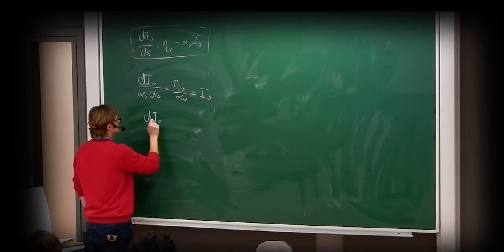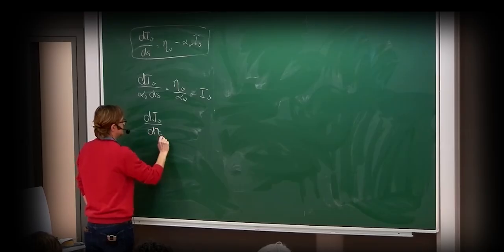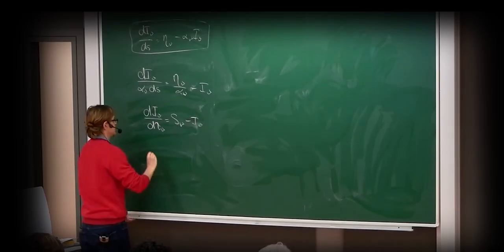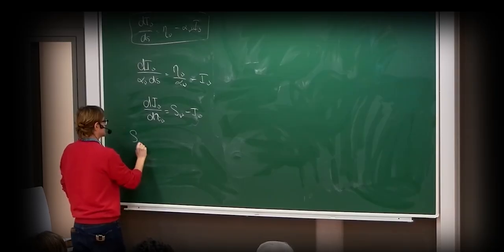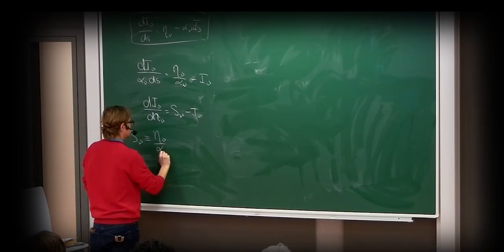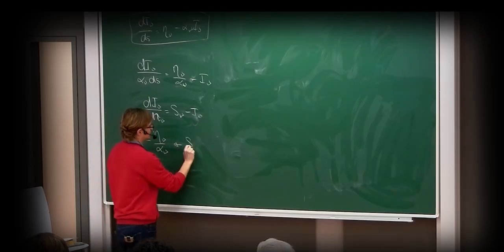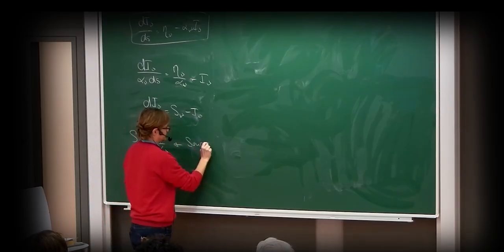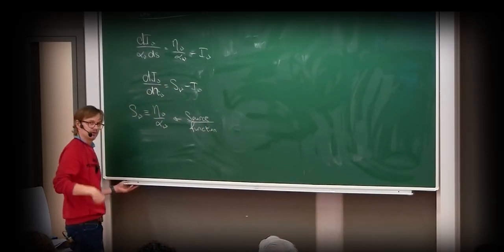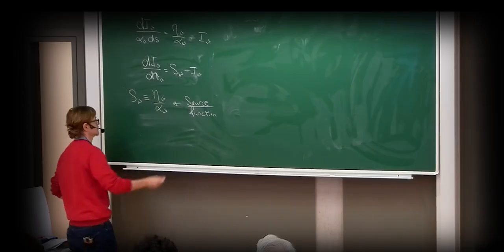This we will call d tau nu, and this we will call S nu, where S nu is defined as eta nu divided by alpha nu. We call this the source function, and hopefully it will be clear after today why we call it the source function.